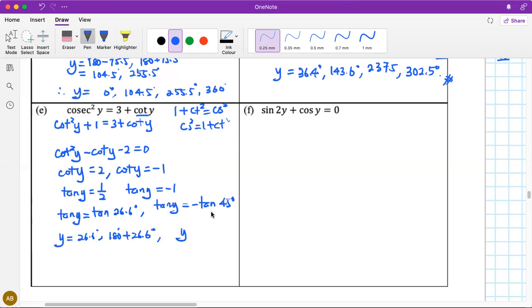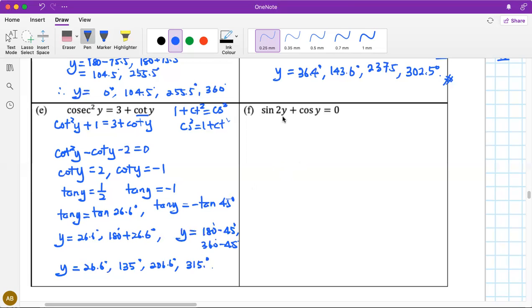For negative, y will be in quadrant 2 and 4, so it's 180 minus 45 and 360 minus 45. So lastly, you get 26.6 degree, 180 minus 45 is 135 degree, then 206.6 degree, which is 180 plus 26.6, and lastly 360 minus 45 is 315 degree. Okay, this is E.